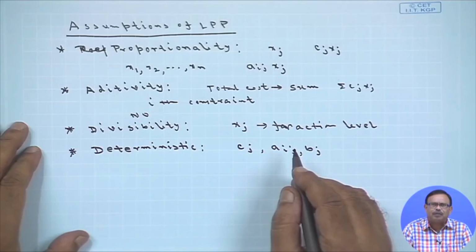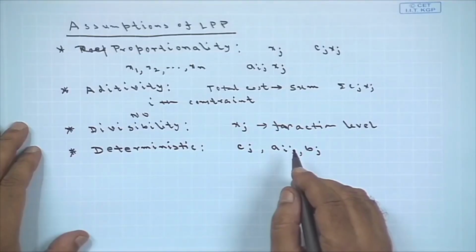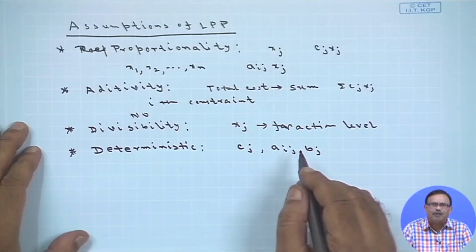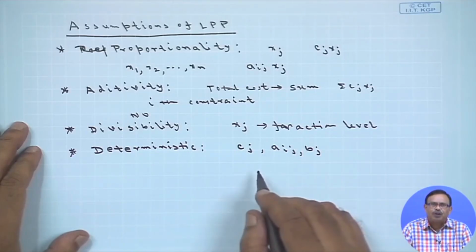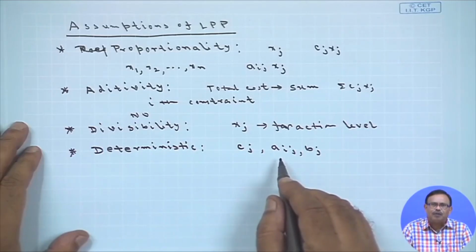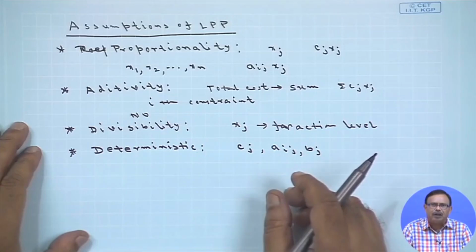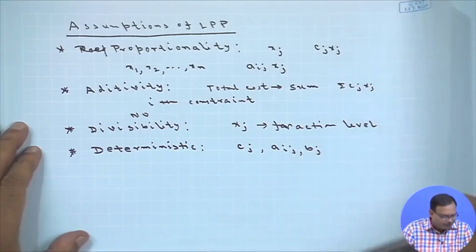Divisibility, that means xj can take non-integer values also. And the coefficients cj, aij and bj all have to be deterministic, and if they are not, we have to convert them first into deterministic, and then only solve the problem.